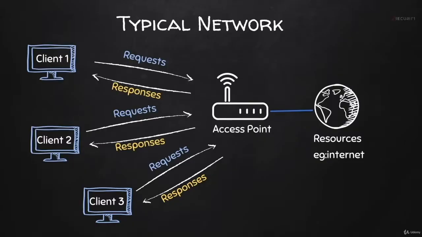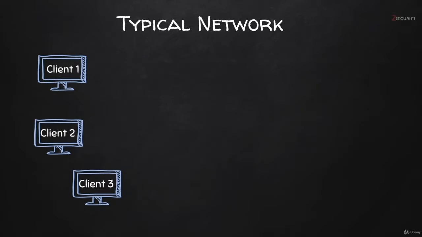Now, before we start talking about network hacking, you need to have a basic understanding of how networks work. We all know that a network usually contains a number of clients connected to each other, and clients usually connect to a network in order to share data or share a resource.